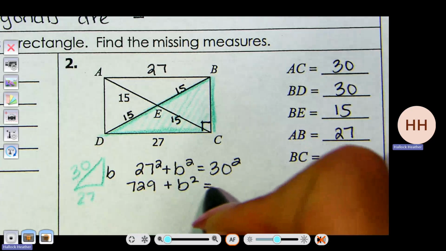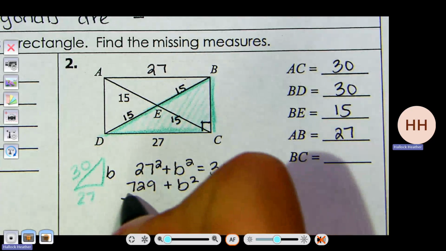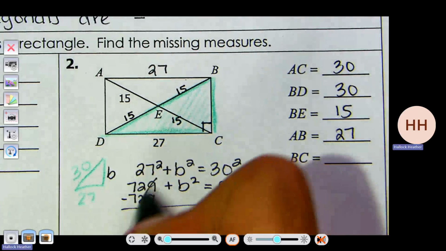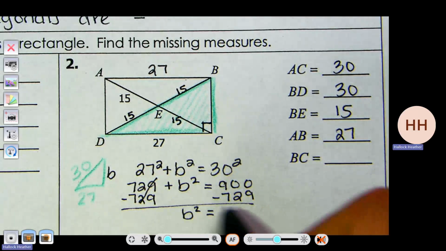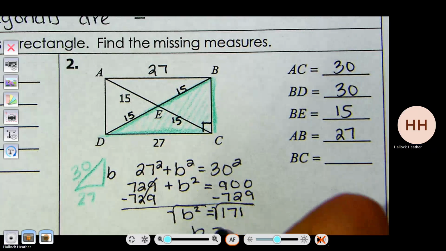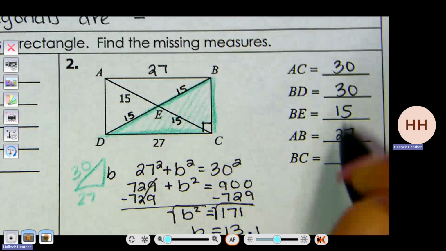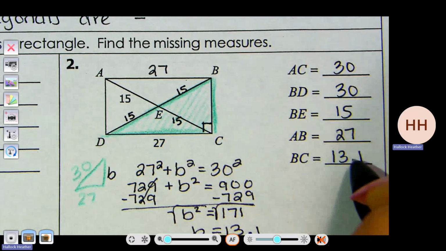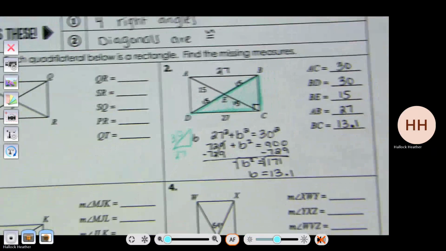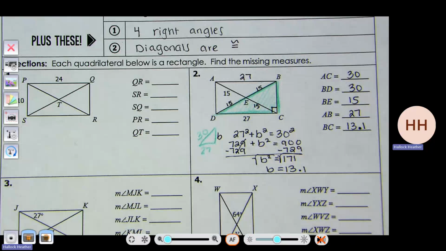So this is one of those where you're going to have to subtract from both sides because you know C. So if I subtract 729 from 900, what do you get? And then when you square root it, you get 13.1. Nice. Easy peasy. Try number 1.